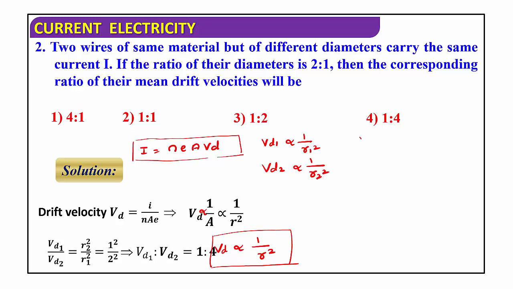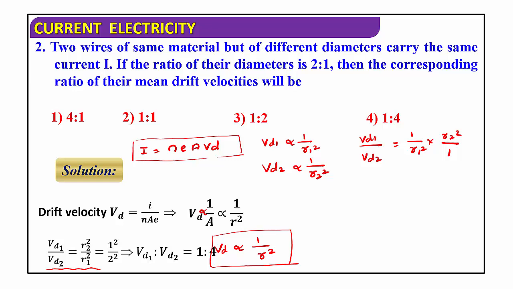So their ratio Vd1 divided by Vd2 is equal to 1 by R1 square into R2 square divided by 1. Or we got this equation Vd1 divided by Vd2 equal to R2 square divided by R1 square.